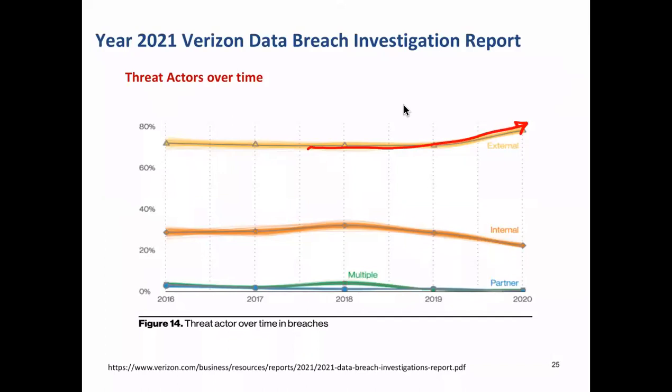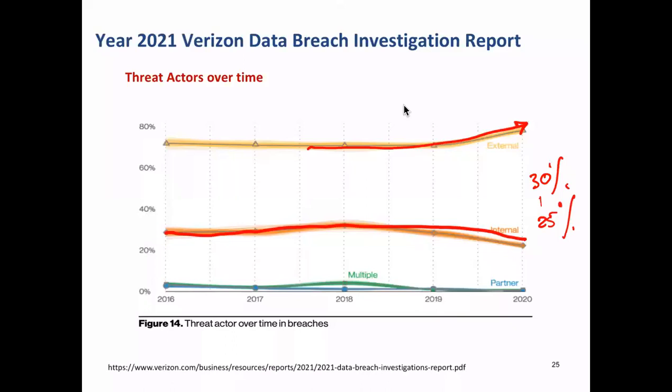But the internal part is also not less. It's almost 25% or 30%. What does it mean? What is the internal factor? Anyone? Maybe because of some malware or some corrupt file in our system? No, malware is external. You got it from an external entity.